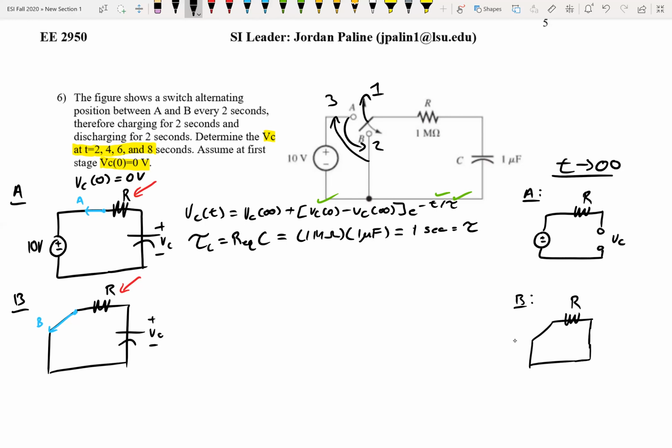This one is charging. This one is going to discharge.